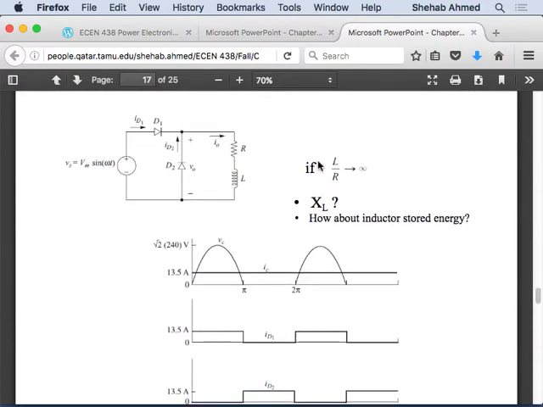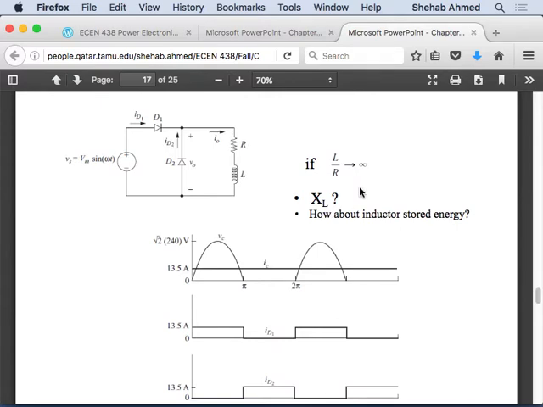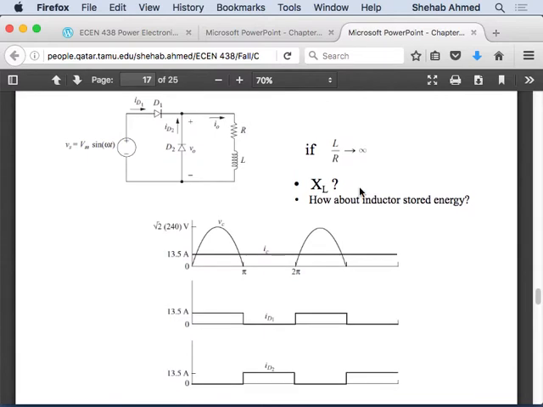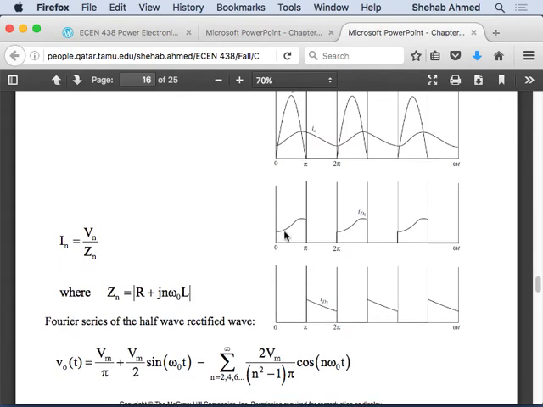Here, this is the case where I make L over R infinitely large. Of course, this is a fictitious case, but these fictitious cases are nice for drawing waveforms. If you want to understand when diode 1 is going to conduct and when diode 2 is going to conduct, in this fictitious case you just have straight lines. L over R being infinite means this current does not change, right? These currents are fixed.